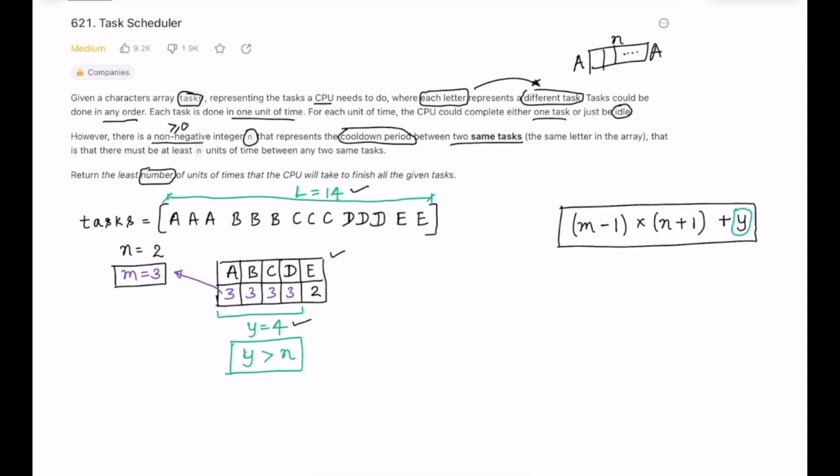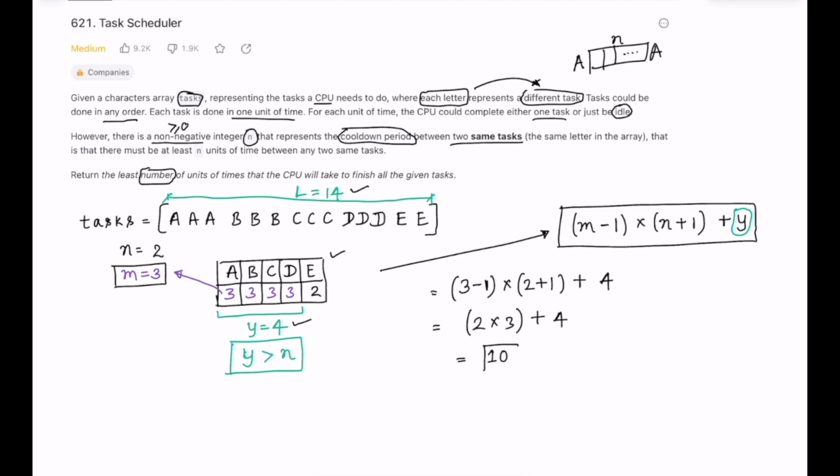N is the cooldown period. So let's plug in these numbers into the formula and see what is the result. So m is 3, so 3 minus 1 into n is 2, 2 plus 1 plus y is 4. So this amounts to 2 into 3 plus 4, which is 10.